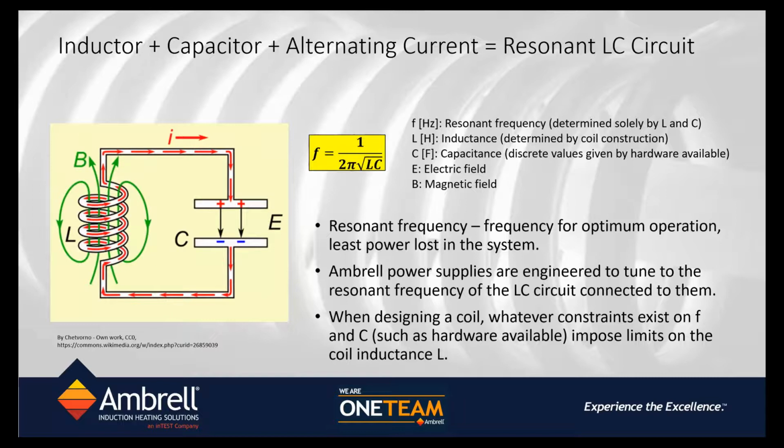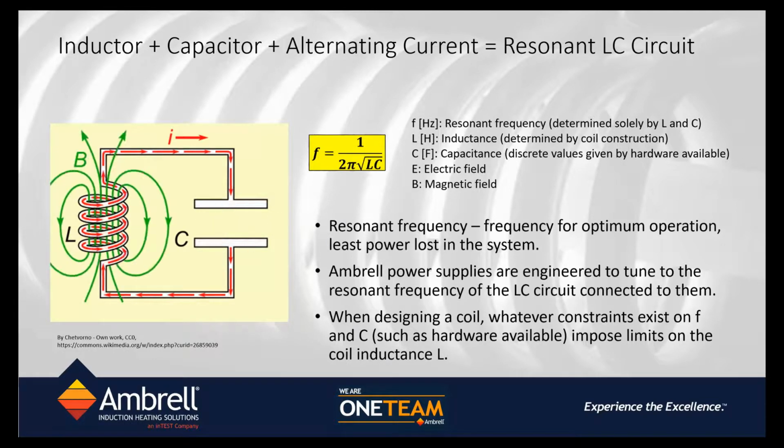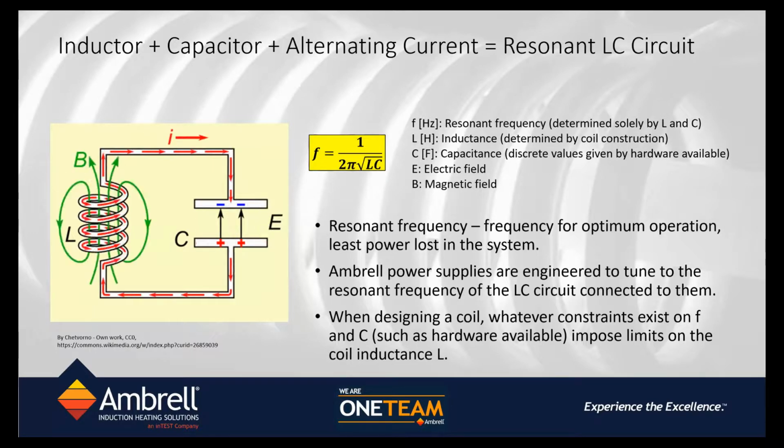Now, there are a lot of power supplies that are able to tune to this resonant frequency by automatically figuring out what the C and the L are, and the change in the C and the L as the parts heat up or as the energy goes higher. So induction heating devices are able to automatically determine this frequency number.